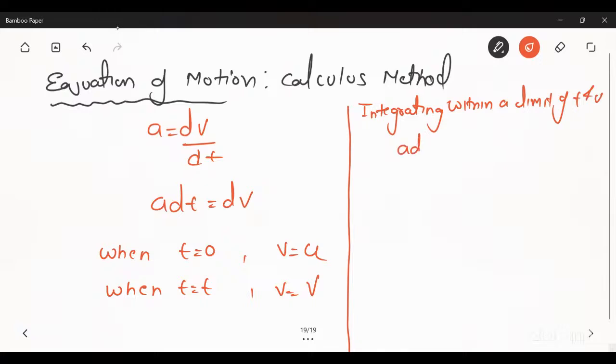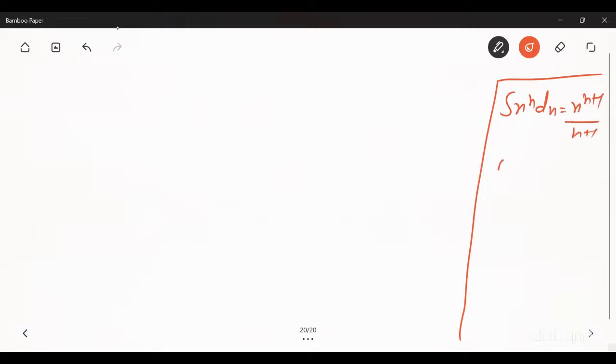So a dt from 0 to t is equal to dv from u to v. Since a is constant, it comes outside. So integral of dt from 0 to t, and dv from u to v. Integration can be reversed by differentiation, or you can simply remember the formula: integration of x to the power n dx is equal to x to the power n plus 1 upon n plus 1.